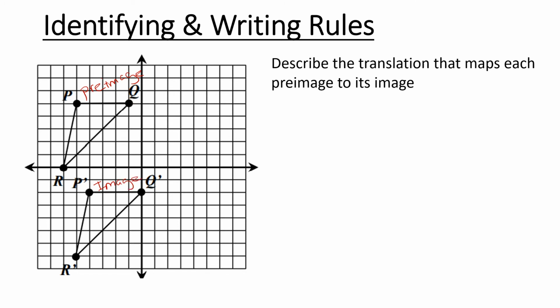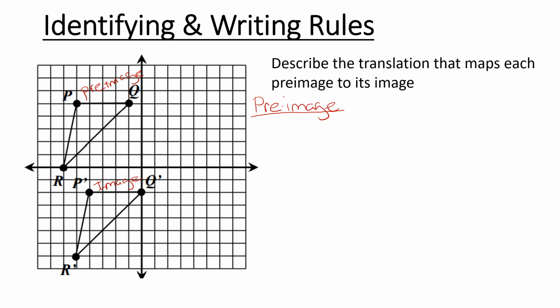All right, so the first thing I want to do to find a rule here is write ordered pairs for my pre-image. And then after that, I'm going to find the ordered pairs for my image and then see how the two ordered pairs relate.